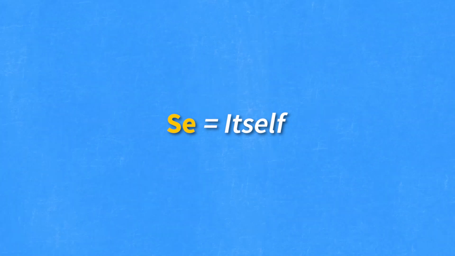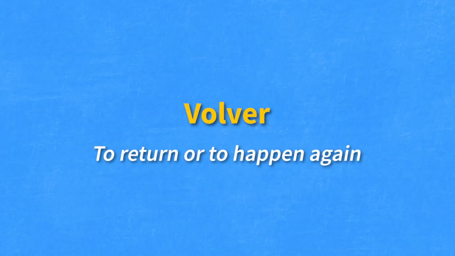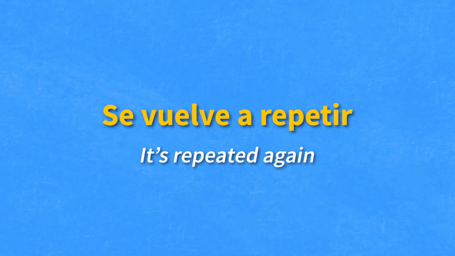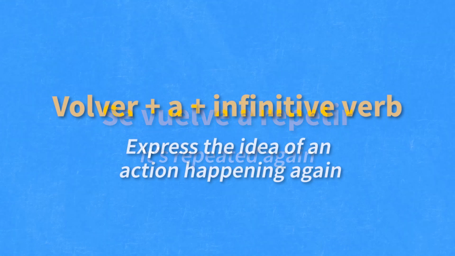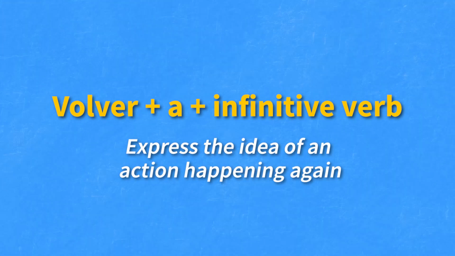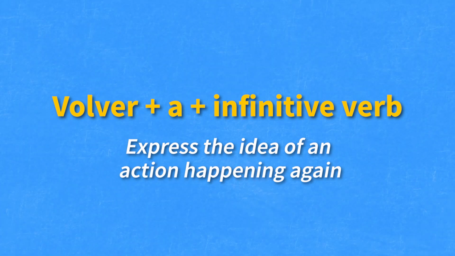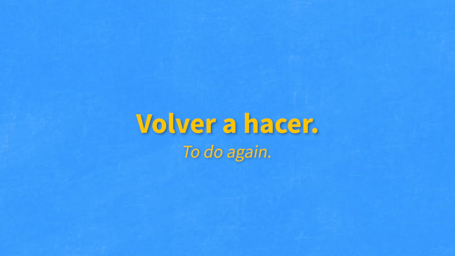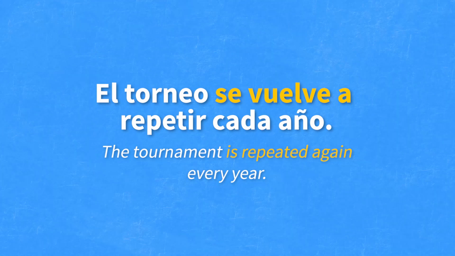In the case of this song, the night they spent together. Vuelve comes from the verb volver, meaning to return or to happen again. Se vuelve a repetir means it's repeated again. In Spanish, we often use volver paired with a, meaning to, plus an infinitive verb to express the idea of an action happening again, like volver a hacer, to do again. Another example could be, el torneo se vuelve a repetir cada año.